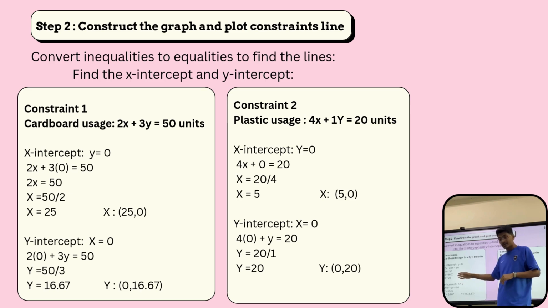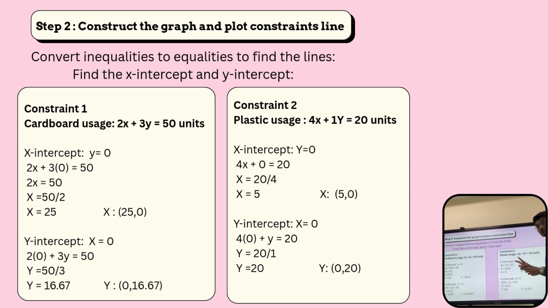In order to find the y-intercept, we need to set x to 0. 2 times 0 plus 3y equal to 50. So if 3y equal to 50, then we divide by 3 to get the y value, which is 16.67. So x is 0, y is 16.67.